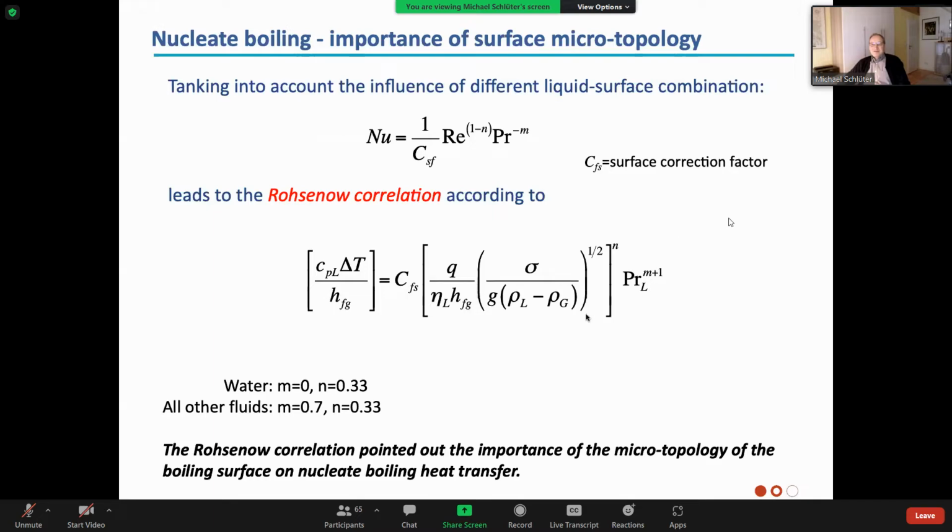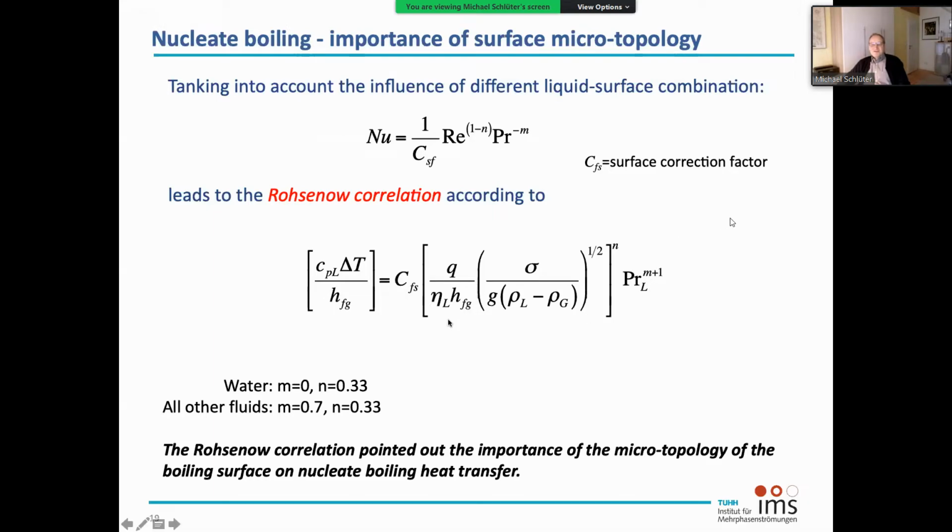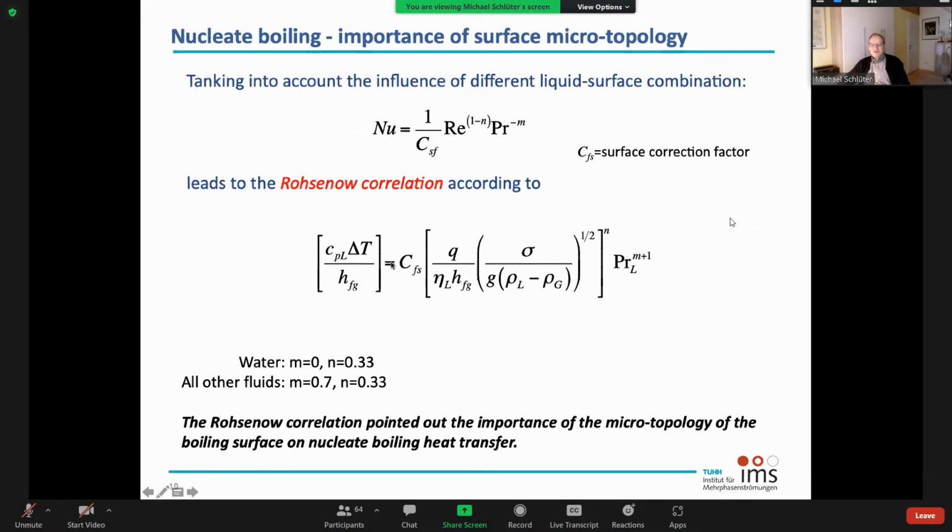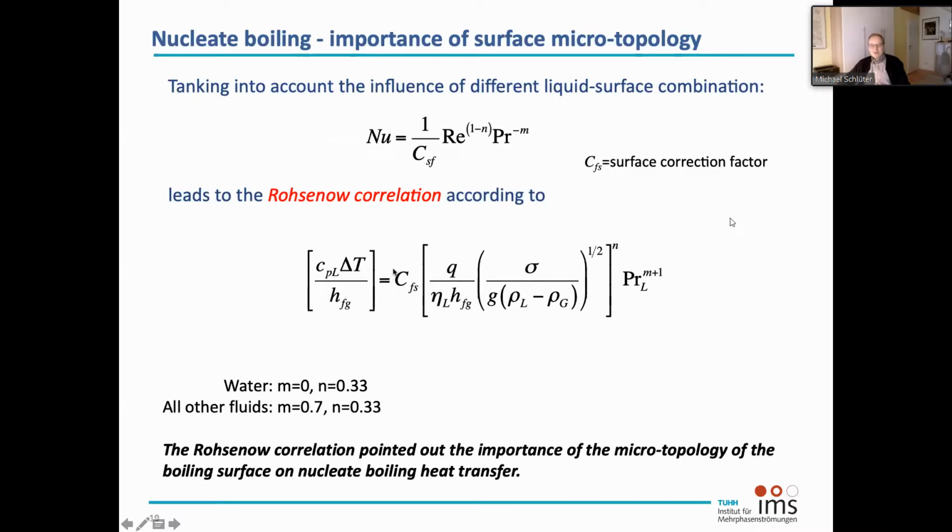And the big achievement of Rohsenow was that he introduced additionally a surface correction factor, because we have just seen that the surface and the roughness of the surface plays a very important role for the nucleation process. And therefore, even for the heat transfer, this nucleation process is important, and the surface correction factor is important.